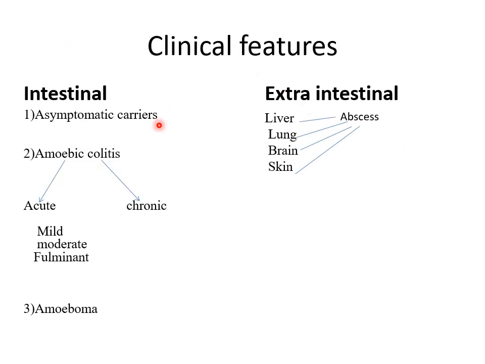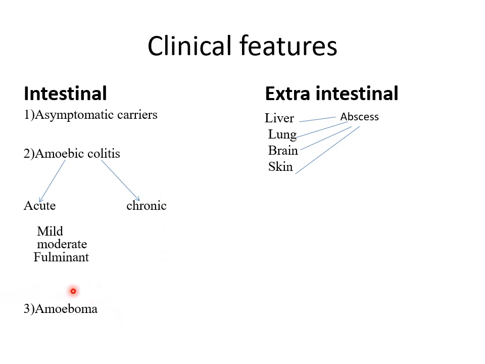So clinical features, as I told, asymptomatic carriers, 90% of them, they may be just asymptomatic. They may not even be in the carrier state. You must understand that asymptomatic is not the same as carrier state. Amoebic colitis can be acute, which can be mild, moderate, or even fulminant, or it can be chronic.